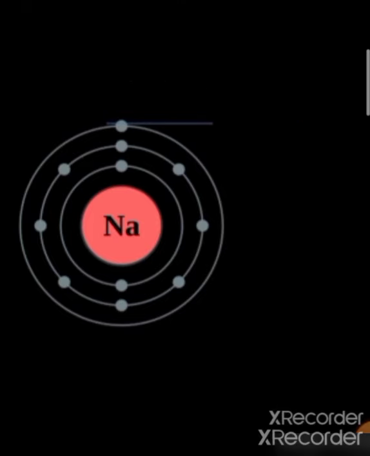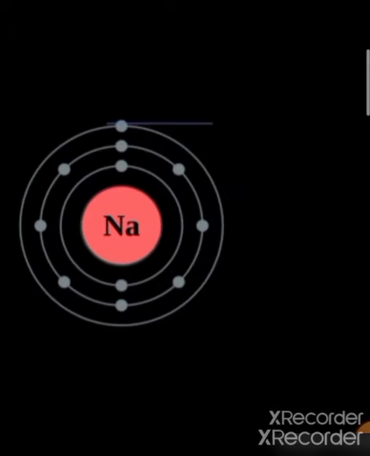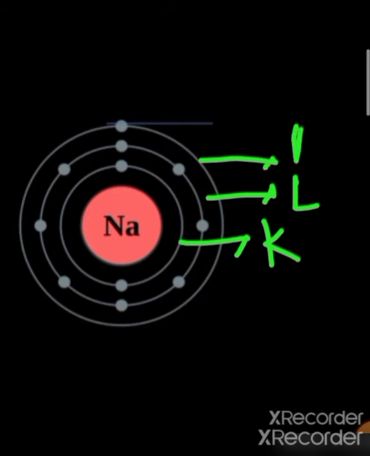You can see in this figure, sodium contains 3 shells. First one is K, second one is L, and third one is M. In K, there are 2 electrons.